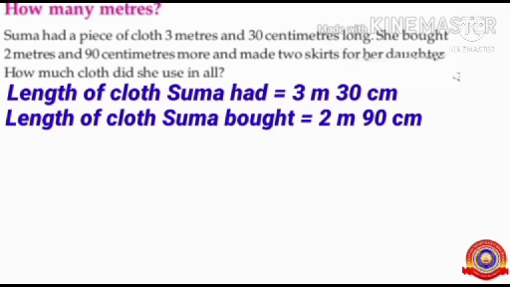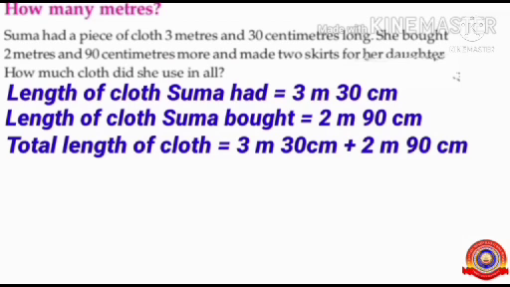That is, total length of cloth equals 3 meters 30 centimeters plus 2 meters 90 centimeters. First arrange meter and centimeter as shown here. Here we have to add 3 meters 30 centimeters with 2 meters 90 centimeters.